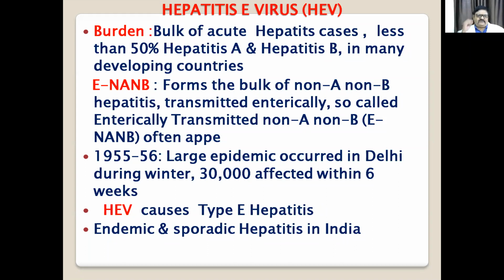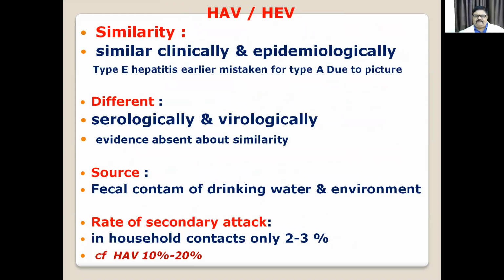In 1955 to 56, a large epidemic occurred in Delhi during winter, with 30,000 affected within 6 weeks. HEV causes type E hepatitis, endemic and sporadic hepatitis in India.